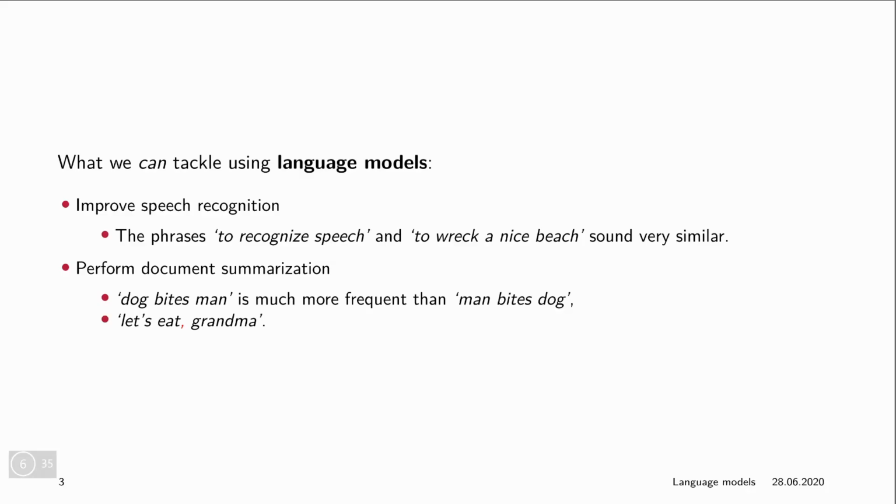speech recognition model. Or we could use language models in order to summarize texts, and we would, for example, find the phrase "dog bites man" to be much more frequent than "man bites dog", even though both are proper words, both are grammatically correct, but usually men do not bite any animals.